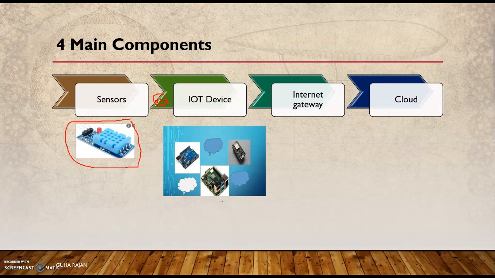IoT devices are an evolving field. Every year a new board comes out, just like laptop computers. It keeps evolving and getting better and better. So that's where it all started from. Of course, Arduino Uno was started in 2005, but Raspberry Pi was in 2012, if I remember correctly.